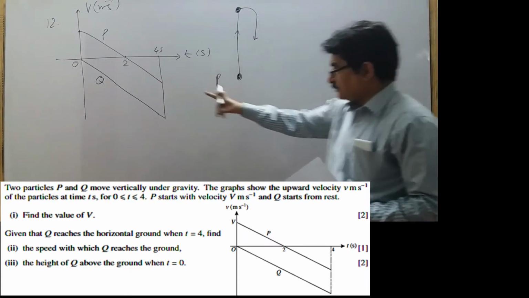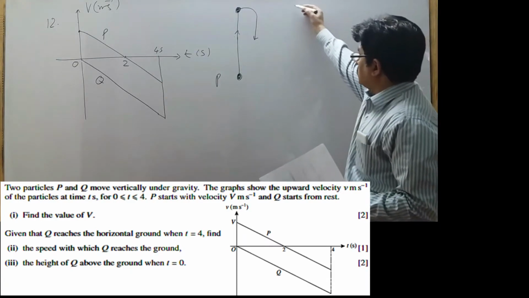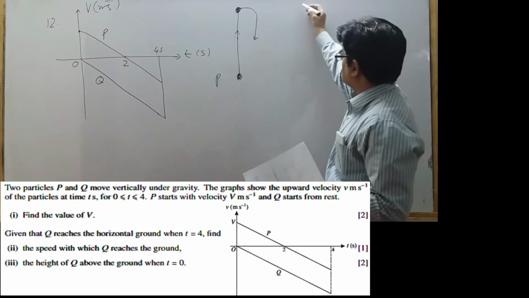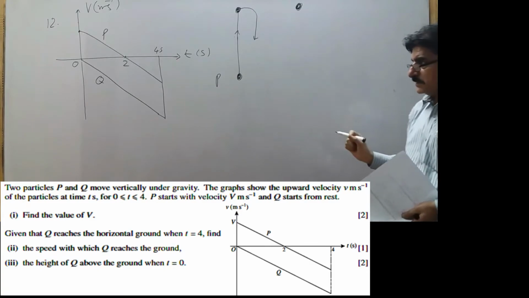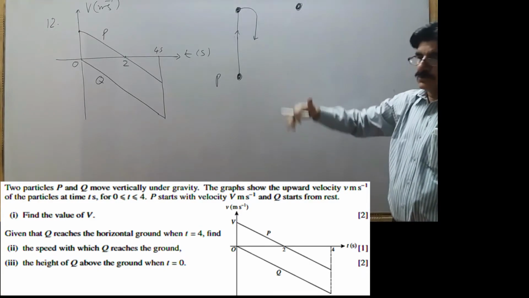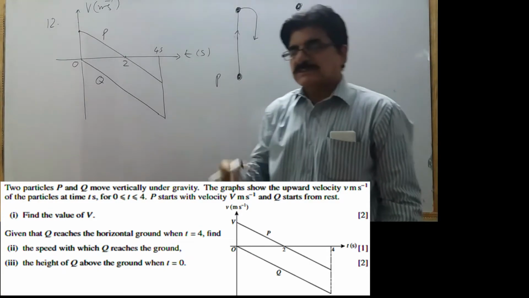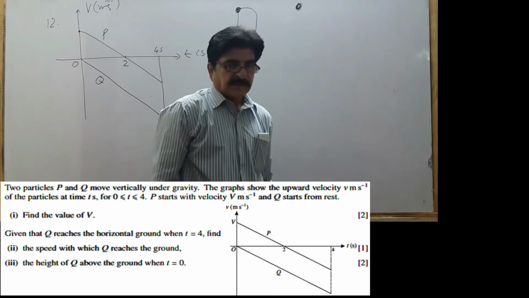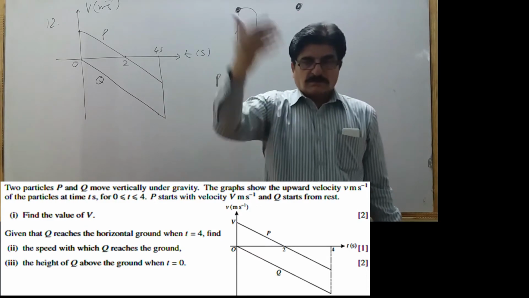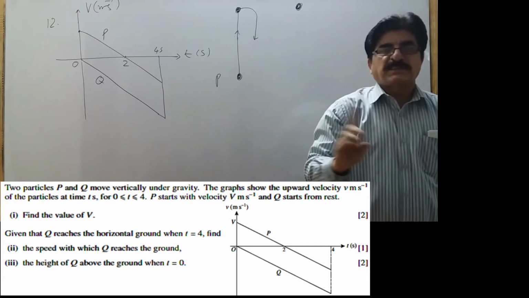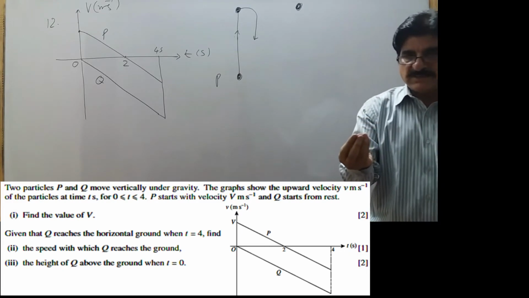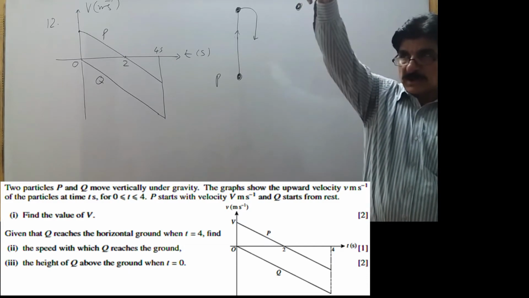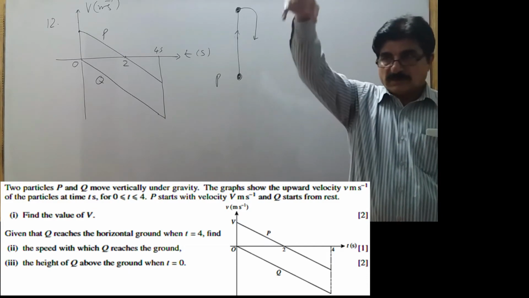This is the motion of P. But for Q, Q actually starts with initial velocity 0. I have told you at the start of this chapter that when a particle is projected upward, the initial velocity is never 0. We have to give some velocity. So initial velocity 0 means it is moving downwards, dropped from some height, from rest.